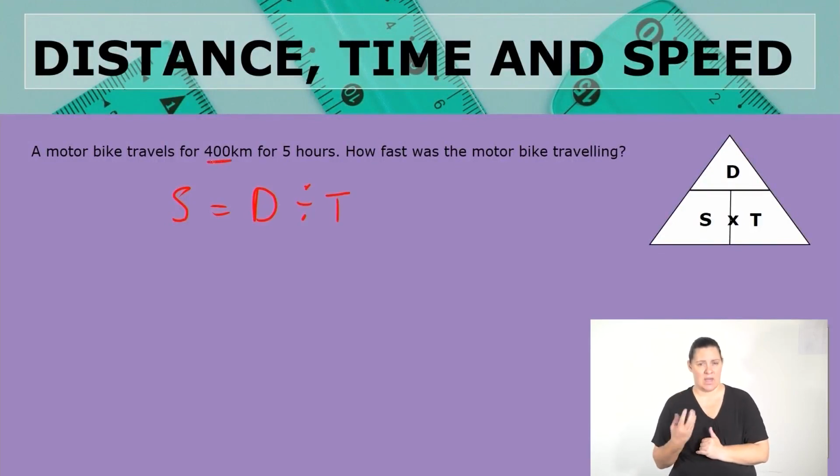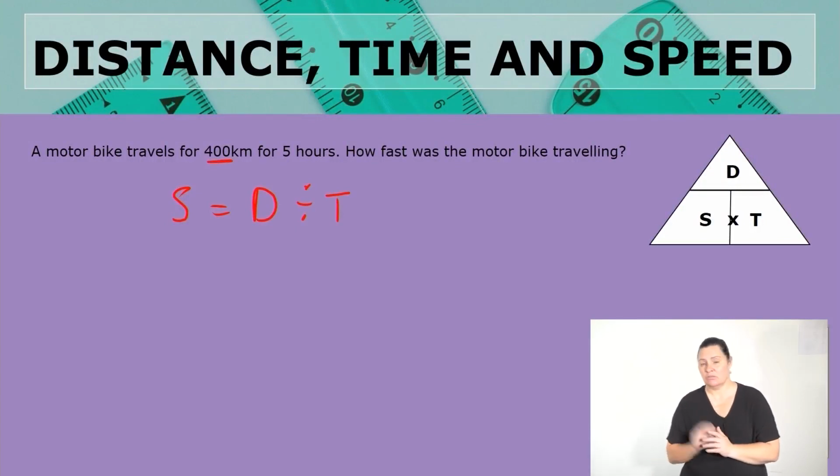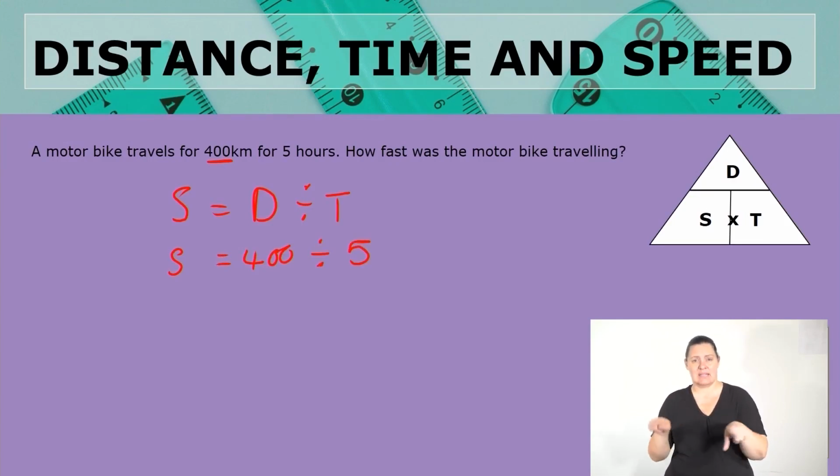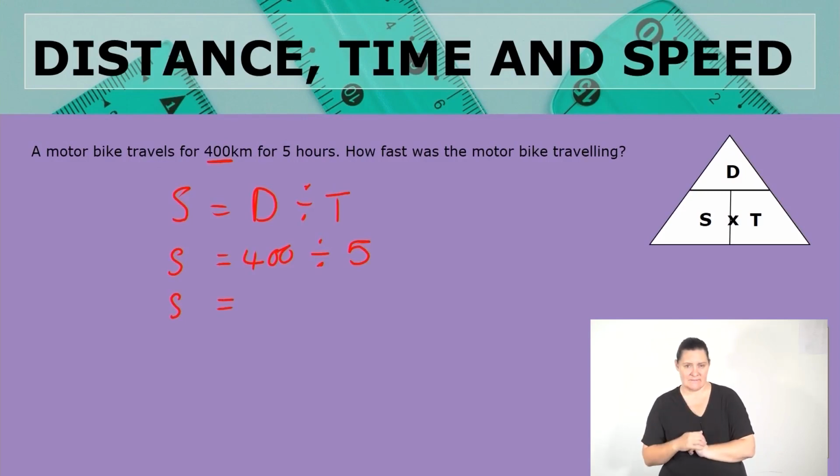We have now increased the distance. So, we now have 400 kilometers, and that is divided by the same 5 hours. Do you know what 400 divided by 5 is? Yes, we have 80 kilometers per hour.